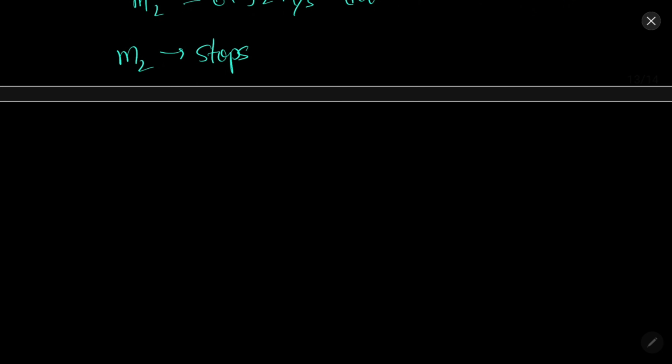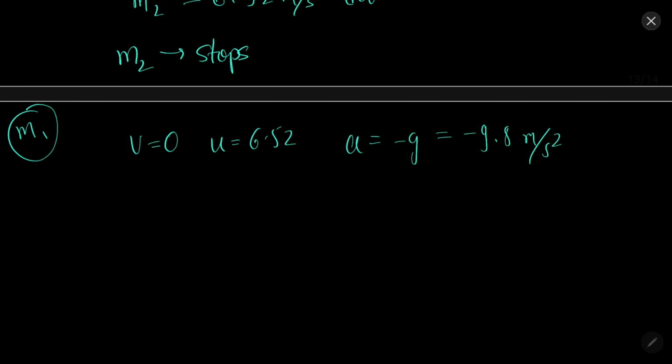Still m1 is moving up with velocity, so it will continue to move till the final velocity becomes 0. So v will become 0, initial is this, so acceleration will be minus g, because m1 is moving up.